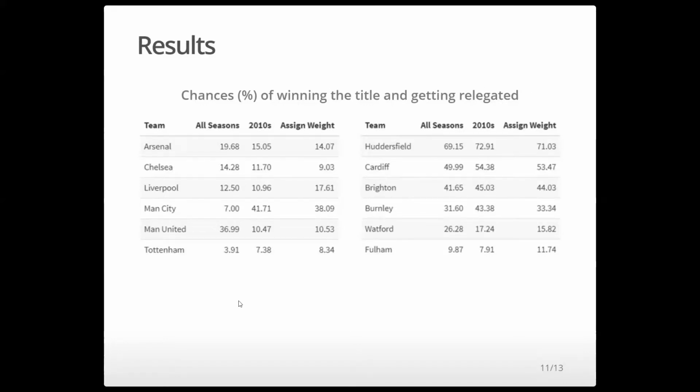I just wanted to highlight one quick thing here. If you look at this first table for Manchester United, if we use all seasons to predict their chances of winning, they got about a 37% chance of winning. But if we focus more on recent data, then their chances dropped significantly down to about 10.5%.